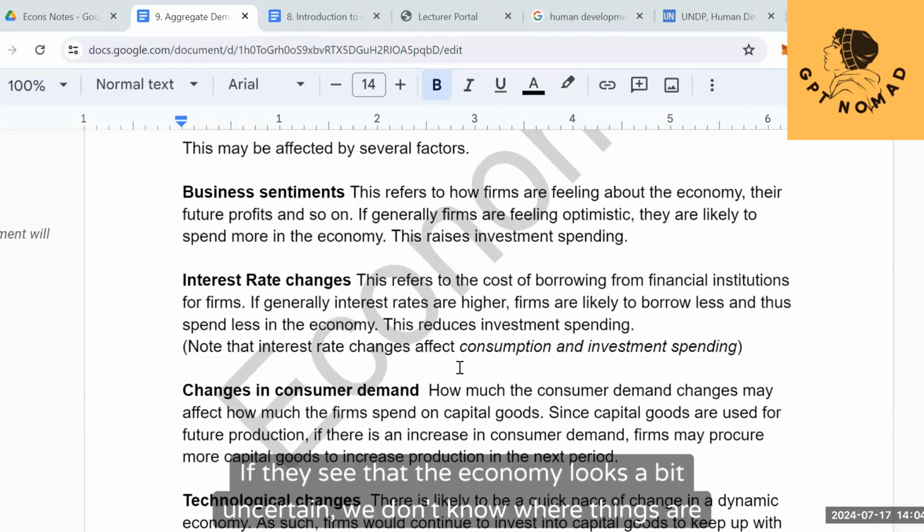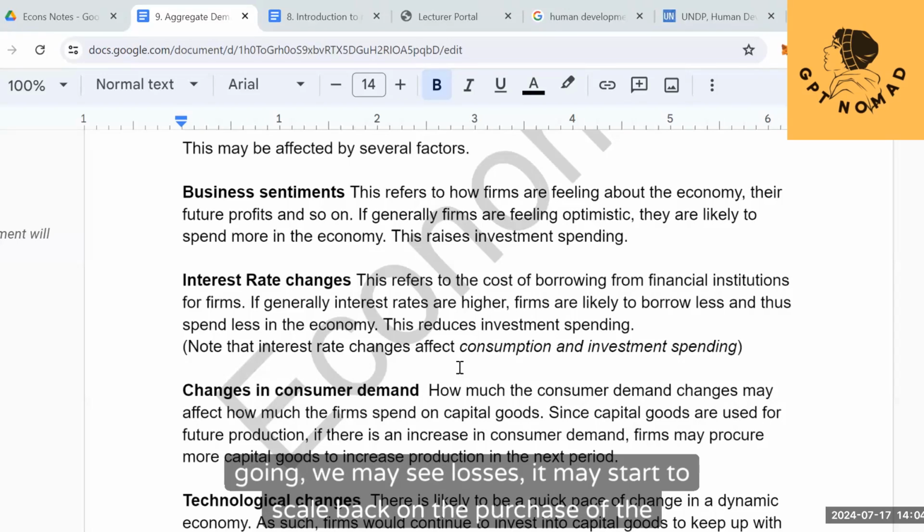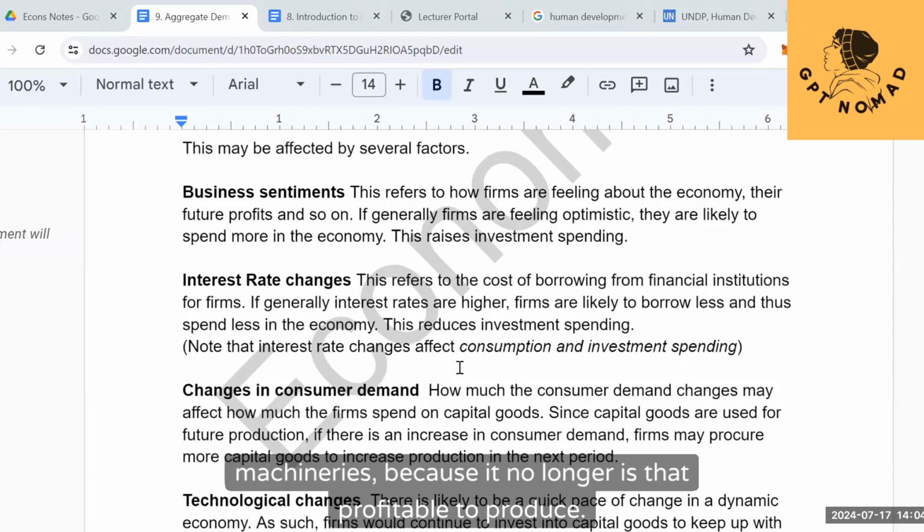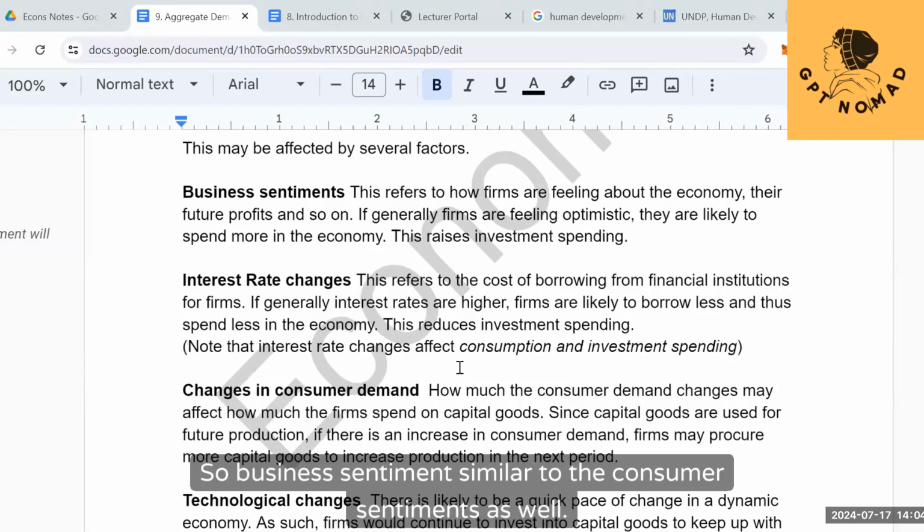If they see that the economy looks a bit uncertain, we don't know where things are going, or we may see losses, they may start to scale back on the purchase of machineries, because it is no longer that profitable to produce. So business sentiment is similar to consumer sentiments as well.